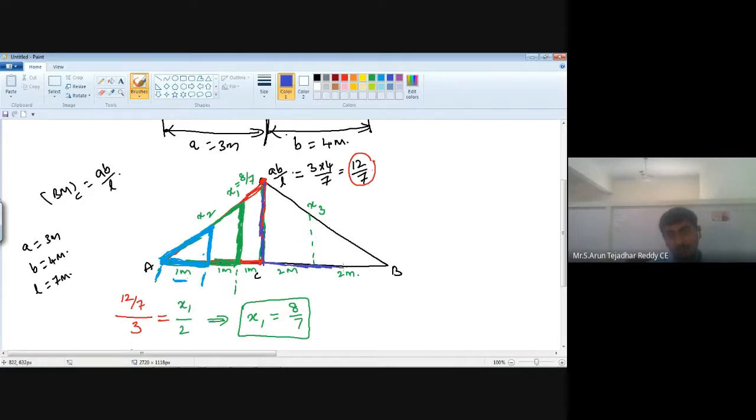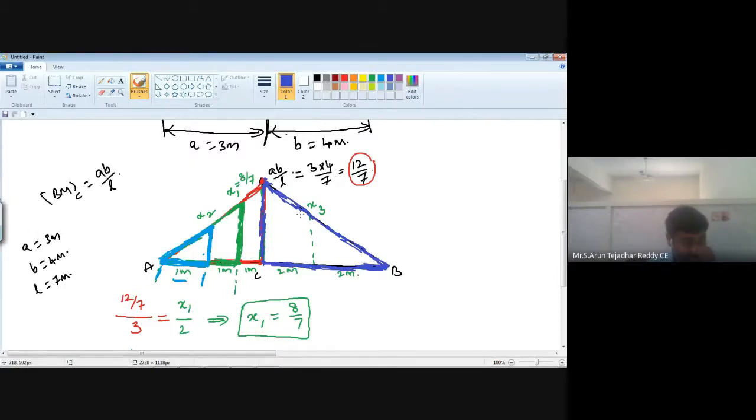Observe thick blue color. This completely thick blue color. Okay.